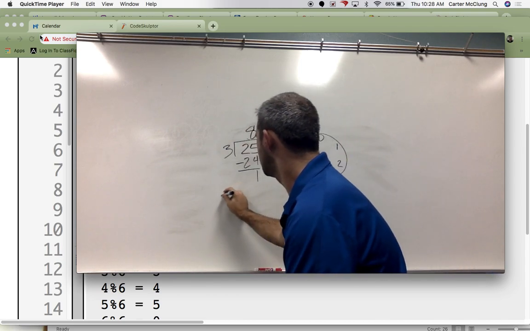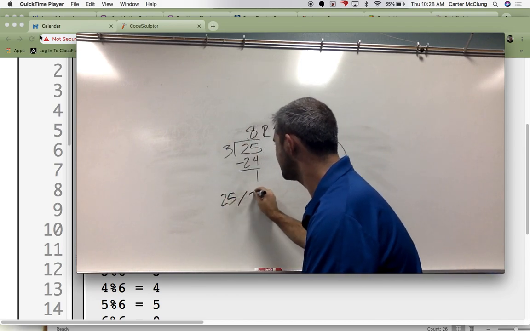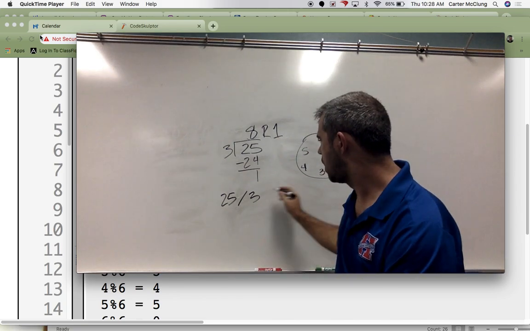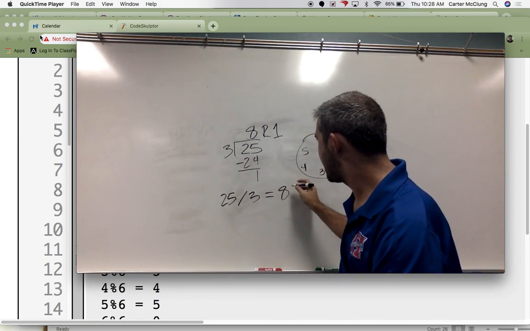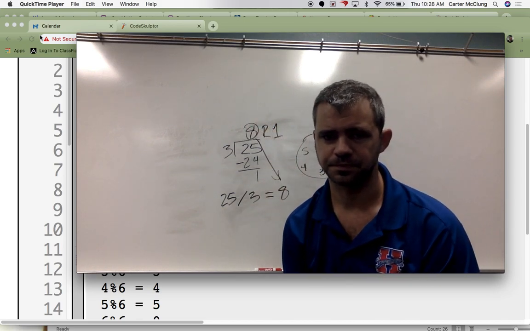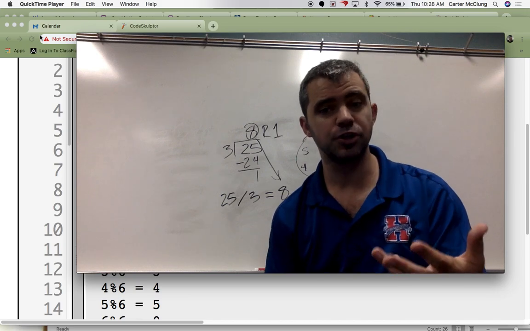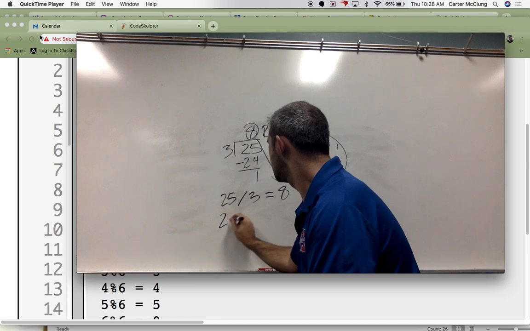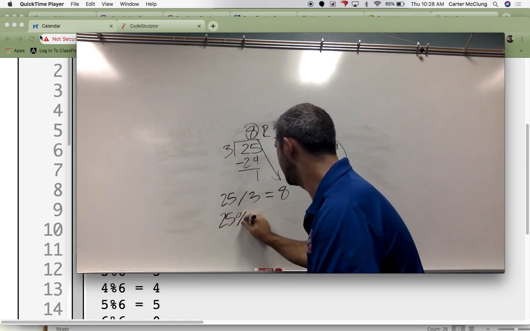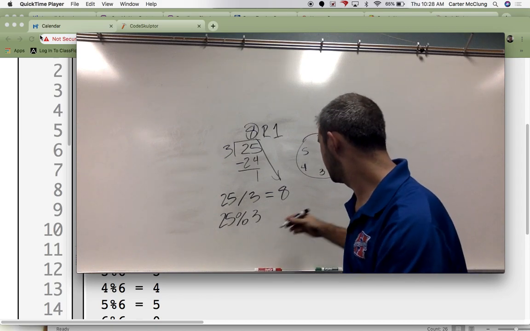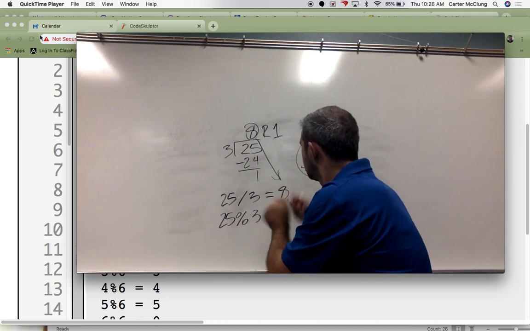If we do 25 divided by 3, if we do integer division, no floats, it's only going to spit out 8. It's going to spit out this guy right here. If we do modulus, modulus is asking for the remainder. So it's 25 mod 3. 25 divided by 3, the remainder would be this 1 right here.